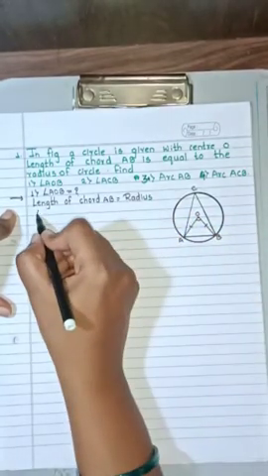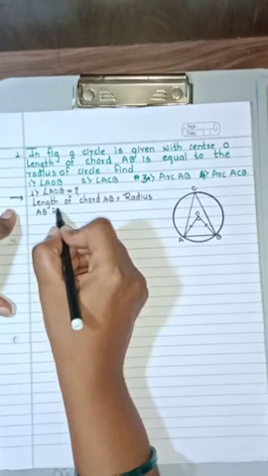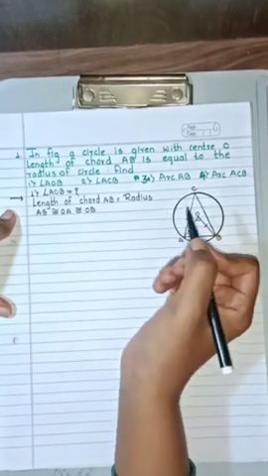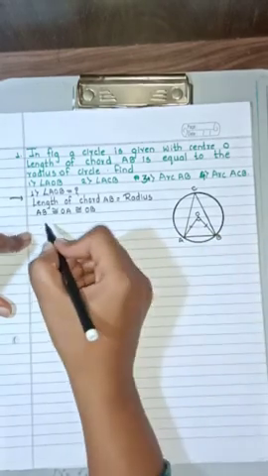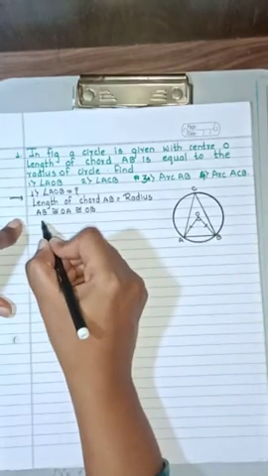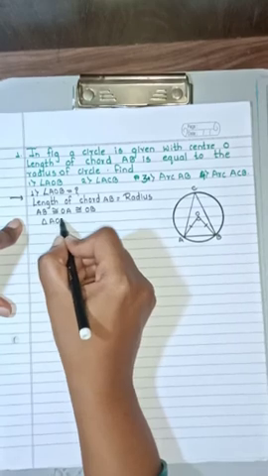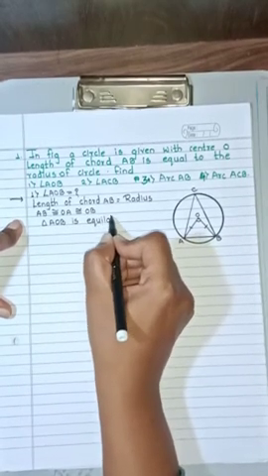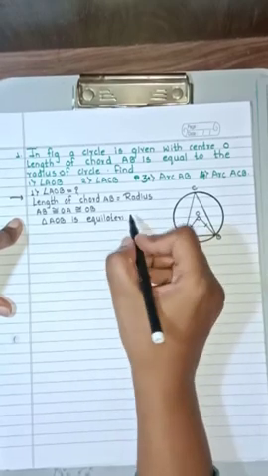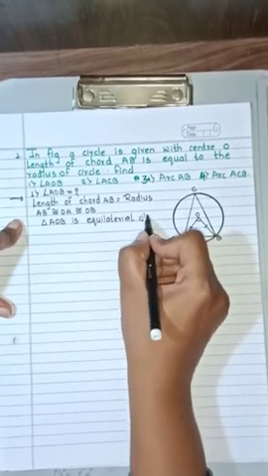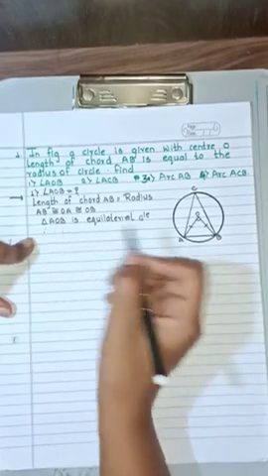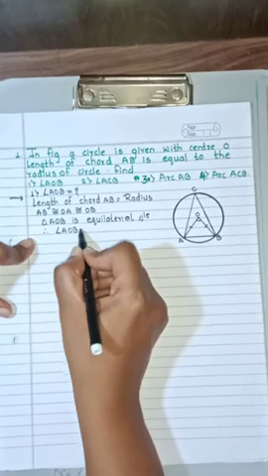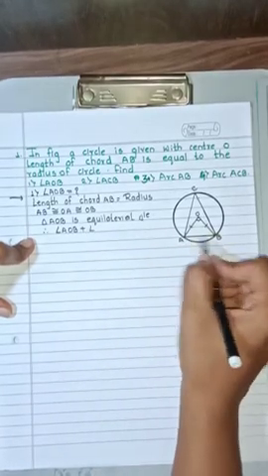Therefore, you can write down AB is congruent to OA is congruent to OB. As all the three sides are equal, you can say triangle AOB is an equilateral triangle.